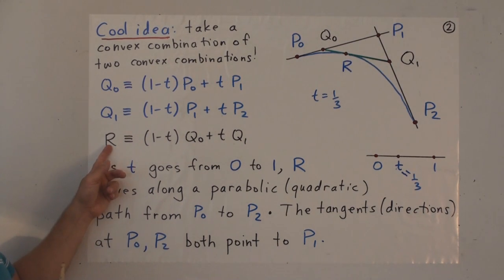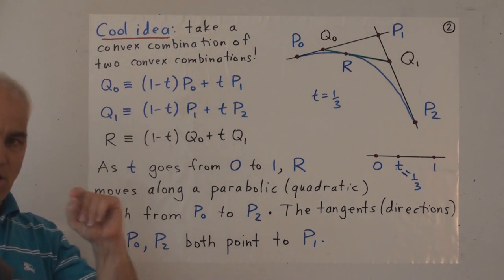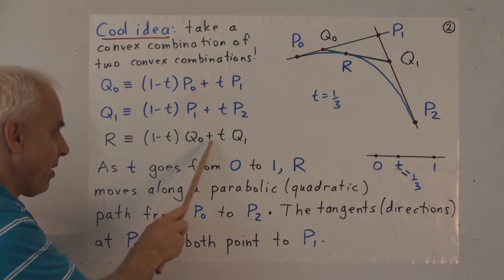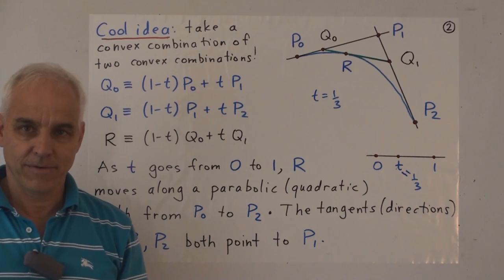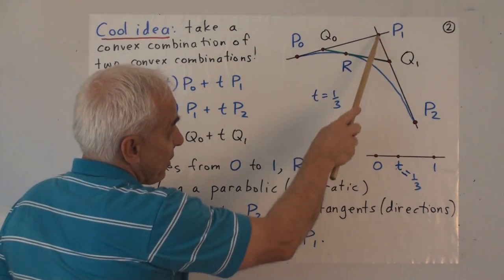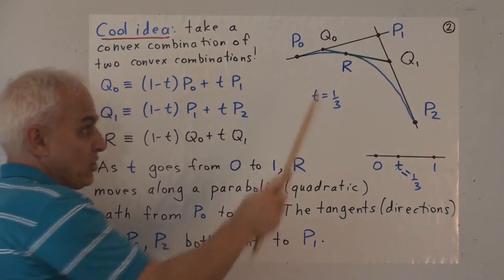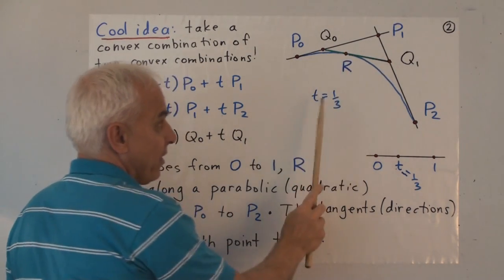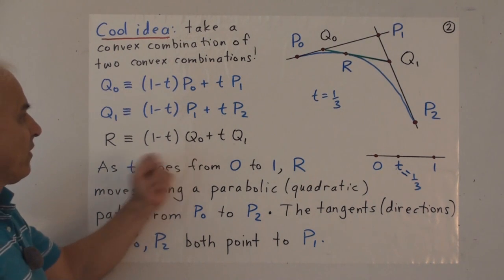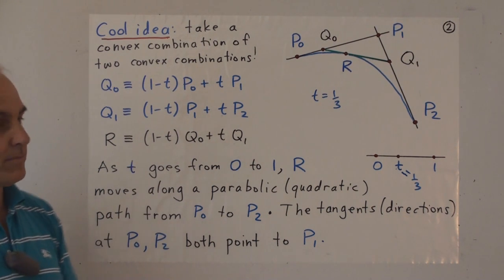In fact, R is defined to be exactly the same convex combination: (1 minus T) Q0 plus T Q1. So if we're going a third of the way along here and a third of the way along here, then we agree to go a third of the way along here. So R is equal to, in this case, 2/3 of Q0 plus 1/3 of Q1.